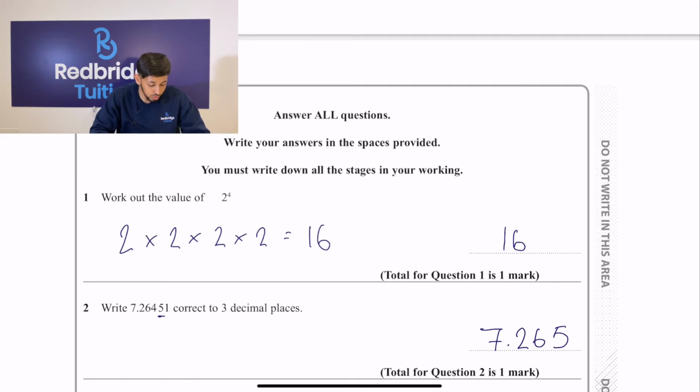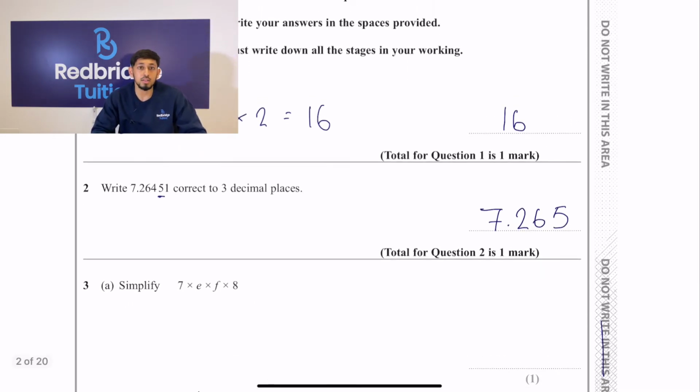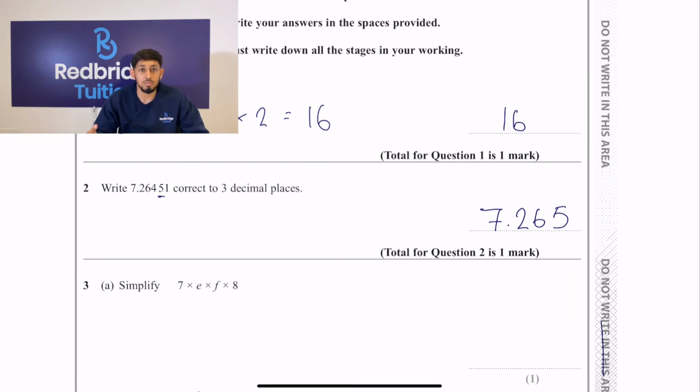Moving on to question number 3. We've got 3a, which says simplify 7 times e times f times 8. Now, we should notice that we have 2 numbers in this equation, and we can simplify these 2 numbers. Firstly, what we will do is 7 times 8, which is equal to 56.